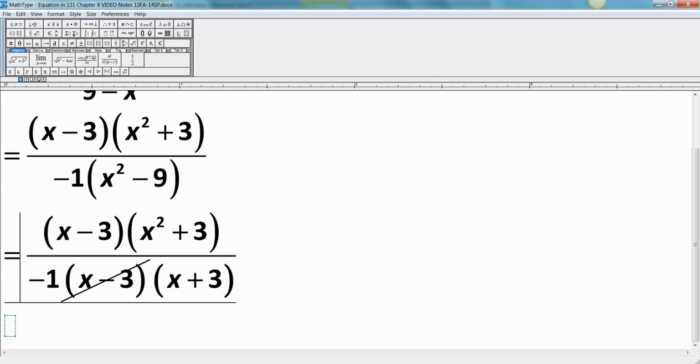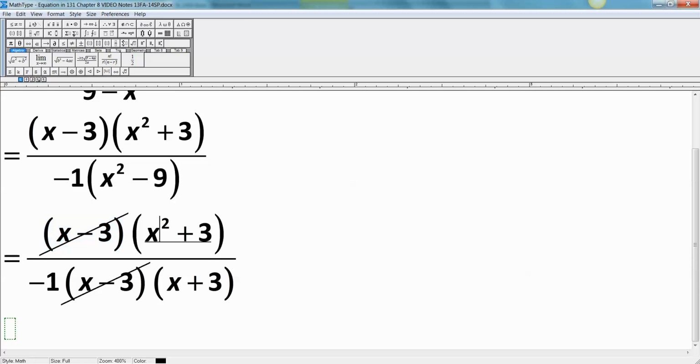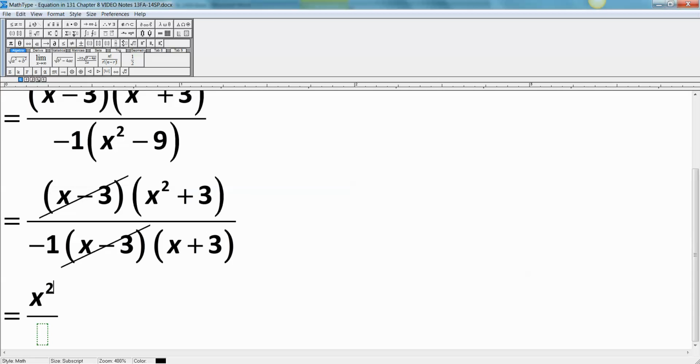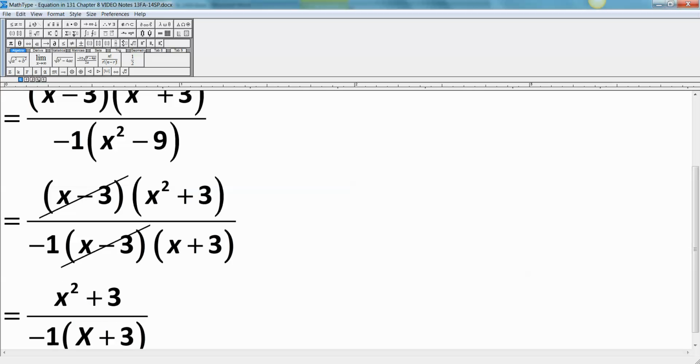Well, they divide, if you will. So you divide and they make 1. So you're left with x squared plus 3 over negative 1 times x plus 3.